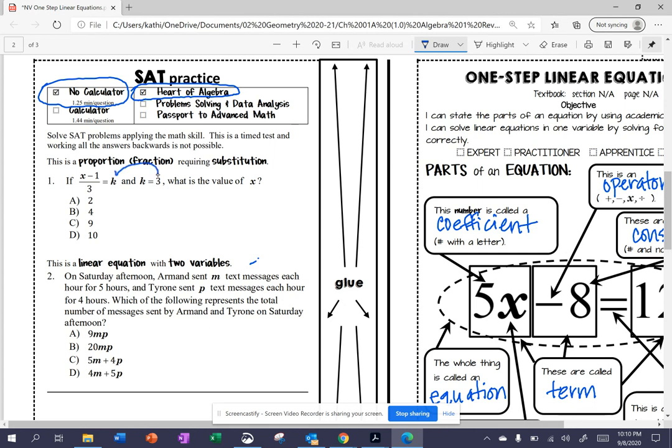So I'm substituting in 3 for k. So this is x minus 1 over 3 equals 3. So I'm cross multiplying. So x minus 1 equals 3 times 3, which is 9. And then I'm adding 1 to both sides. So I get x equals 10.